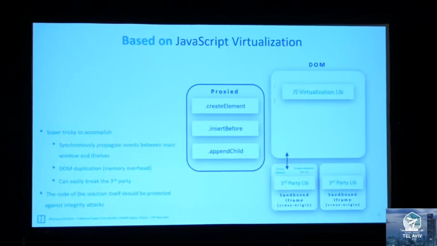Also, there doesn't seem to be another way of doing it but by duplicating the DOM in the sandbox iframes. So if we start digging, we'll find other problems. In a nutshell, it's super tricky to accomplish, and in my opinion it can easily break the third-party application. It's also a problem to know what the normal behavior of the third-party library is, because that behavior can change over time, so it's hard to keep up. It's hard to know whether or not a new behavior should be allowed. So it's very complex in general.